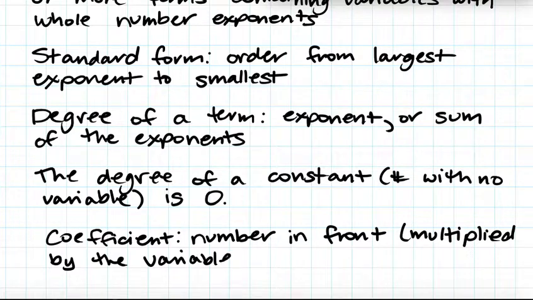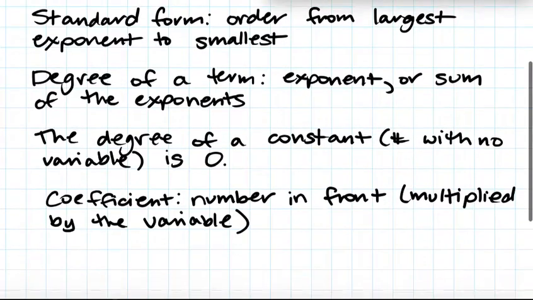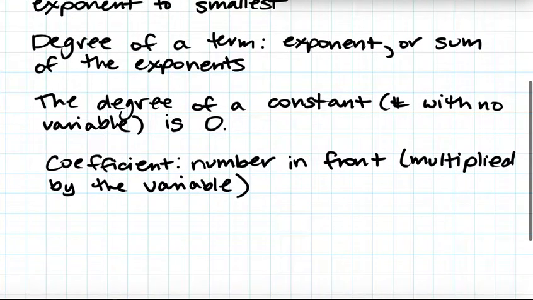We might have used that one already, coefficient, because we saw those in our chapter 3 stuff as well. Coefficient is the number in front. Next, we have the degree of a polynomial.